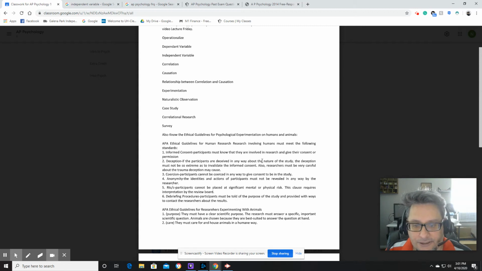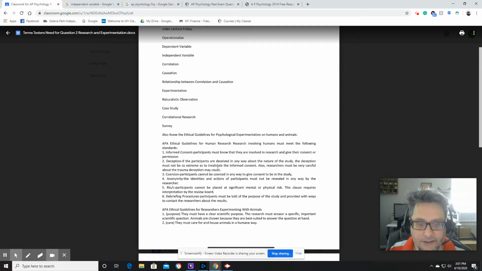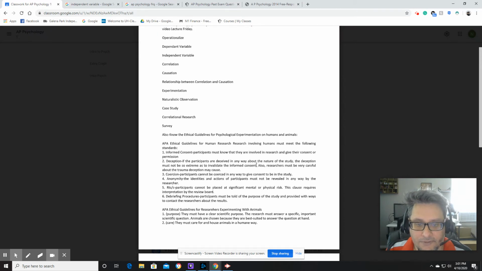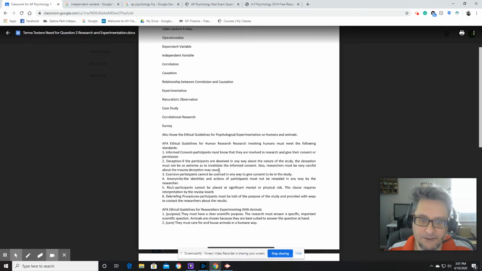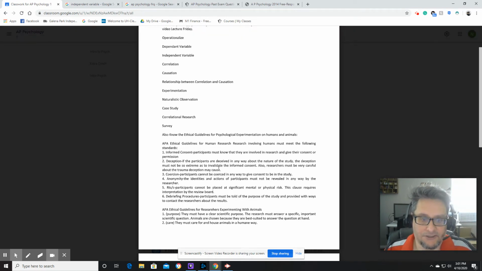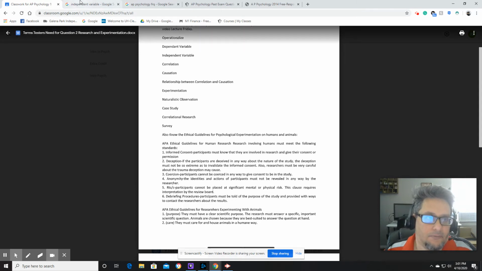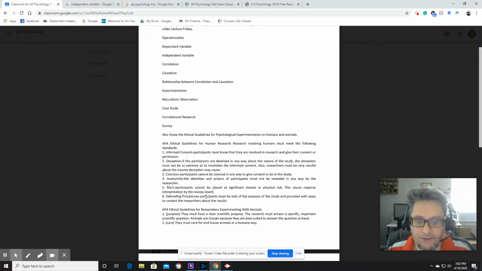If the participants are deceived in any way about the nature of the study, the deception must not be so extreme as to invalidate the informed consent. Also, researchers must be very careful about the trauma deceptions may cause. So, there is very little chance of trauma in this, but there was a deception, and because there was a deception, the debrief is necessary. In general, the debrief is necessary, but specifically because of the deception in this case.